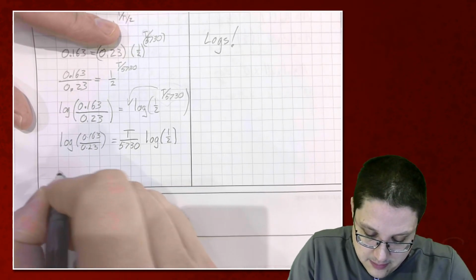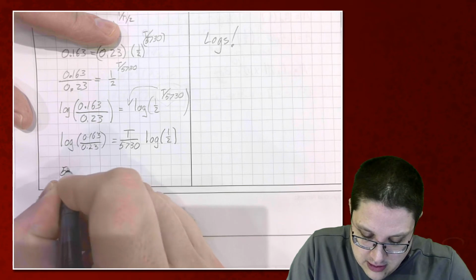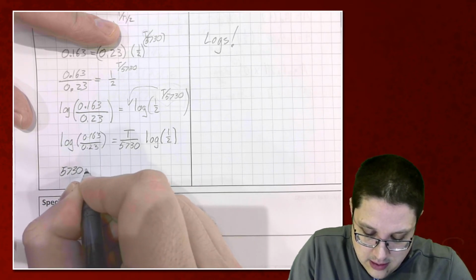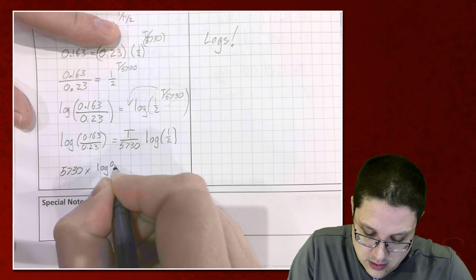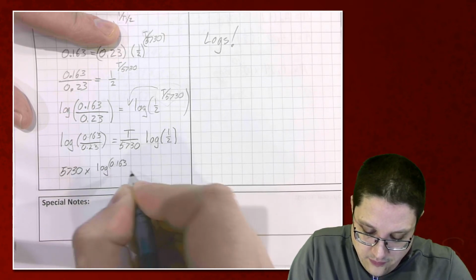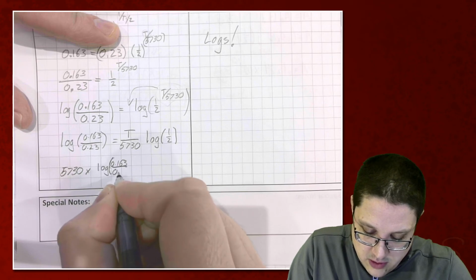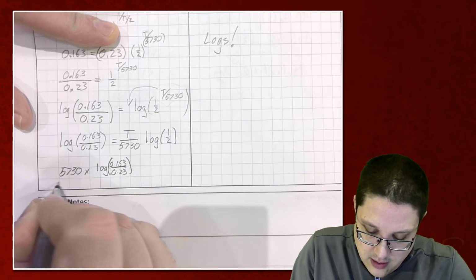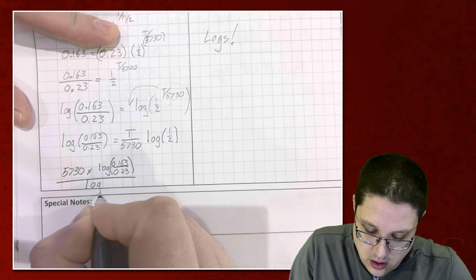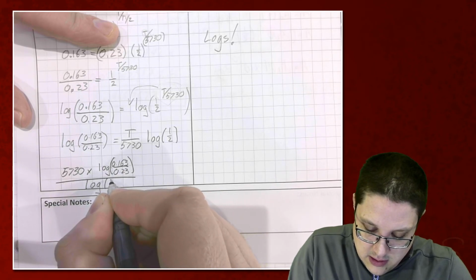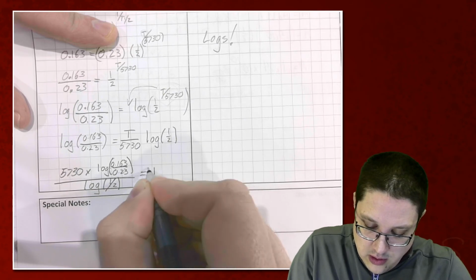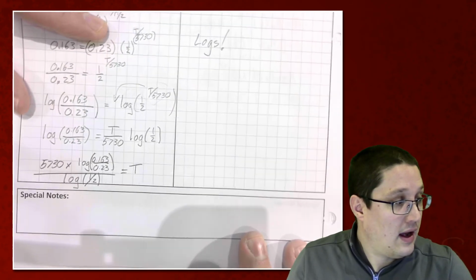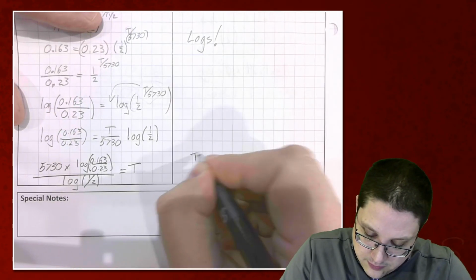So I can say 5730 times log of 0.163 over 0.23 divided by log of 1/2 equals T, and I'm running out of space.